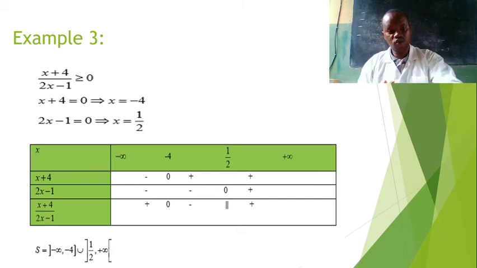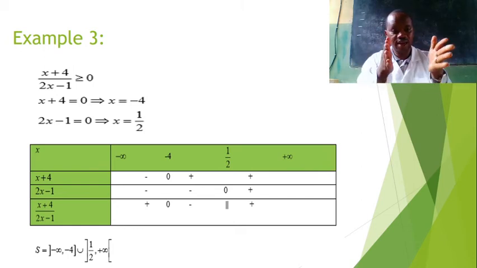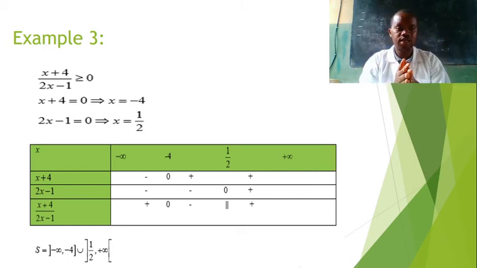And we are going to put the signs as we did for the first two examples. We look for the numbers in the range and we replace, then we will get the sign. For x plus 4, in the range of minus infinity up to minus 4, we will take any number. We can even take minus 5, minus 6.